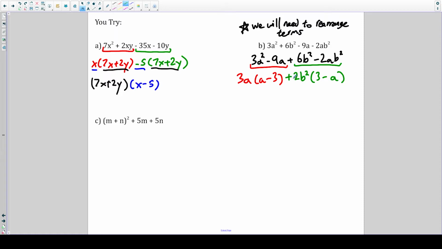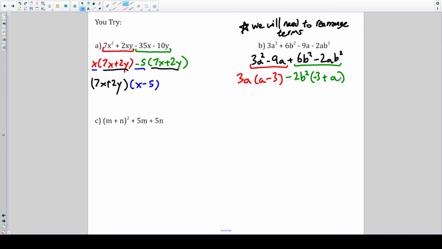Well, the fix here is actually, instead of factoring out a positive 2b squared, we can flip our signs. We can factor out a negative 2b squared. And what happens here is that we can rewrite this as negative 3 plus a.